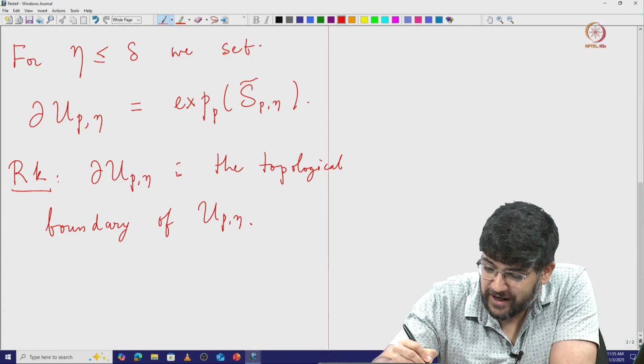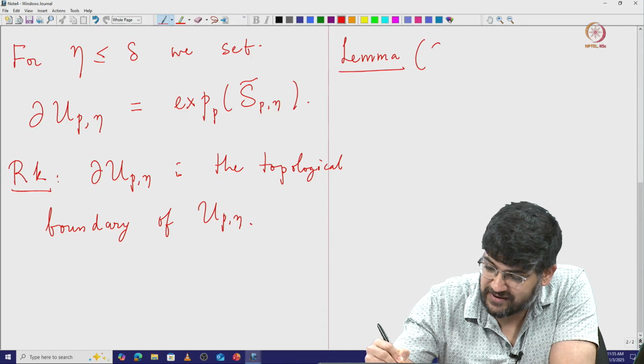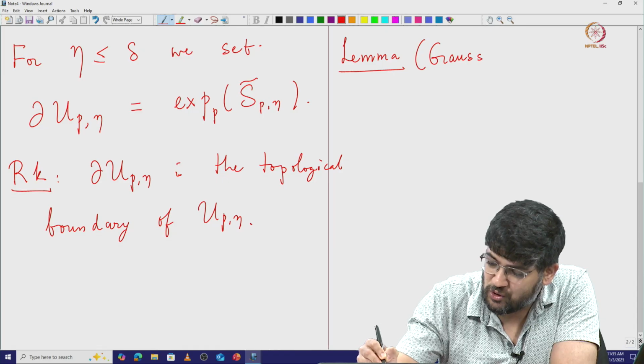Right, so here is the main lemma that I want to prove today. As I said, this is attributed to Gauss.